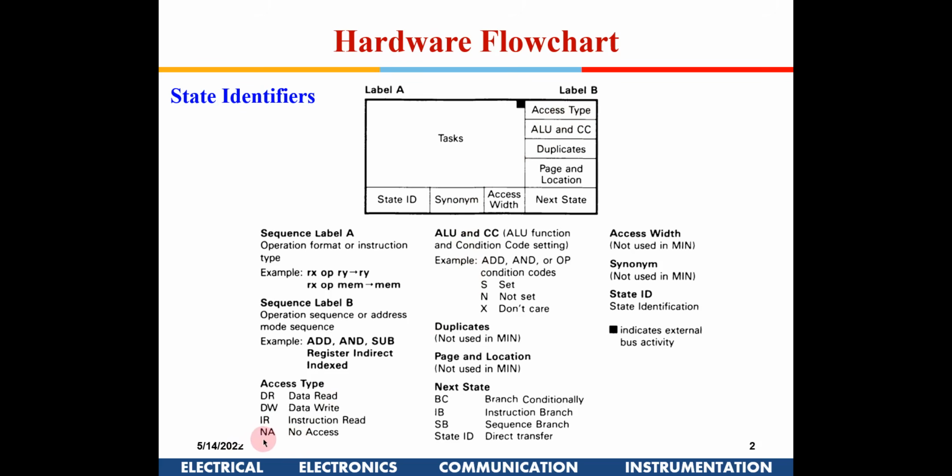And we write NA whenever we are doing an operation within the ALU and not accessing the memory at all. So this is how the access type is indicated out here. There will be a two-letter word written there: DR, DW, IR or NA.